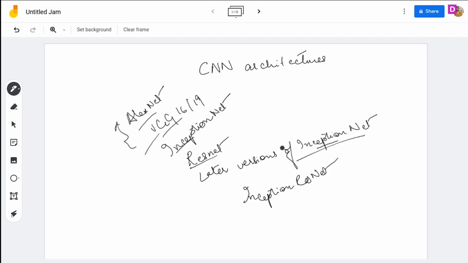So for the later versions of InceptionNet, we know about the other things, right? We are not going to get to that. I would say make notes about it, create columns and everything, write neatly, and with every different version write properly what you think are the pros and the cons, and how the next version is better than the previous one.